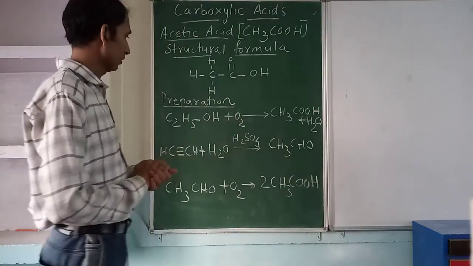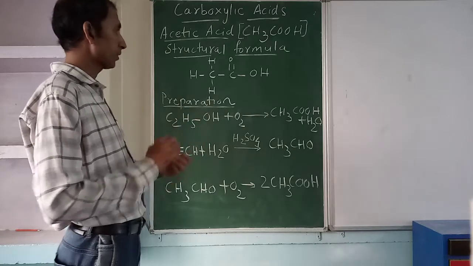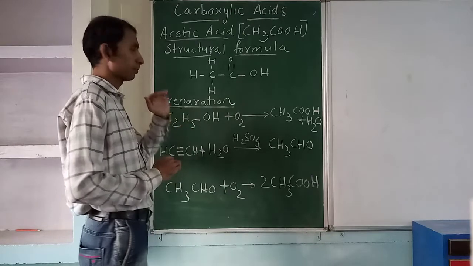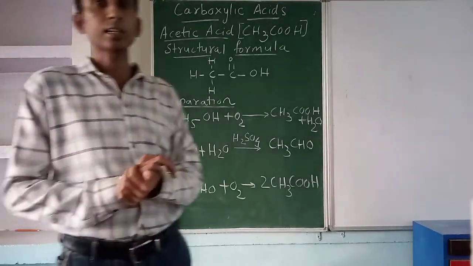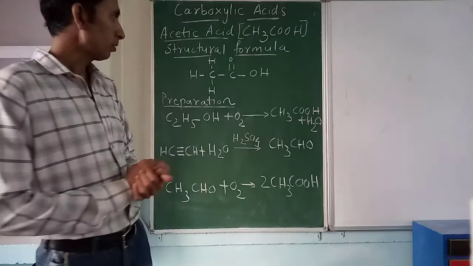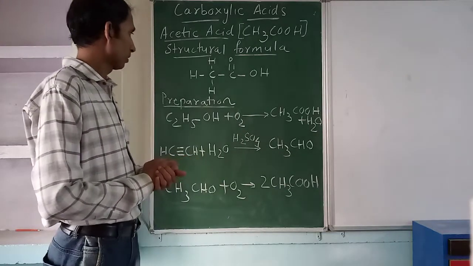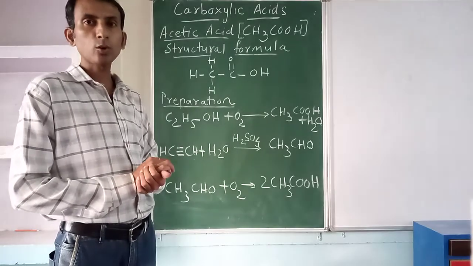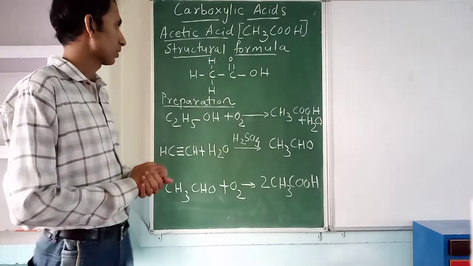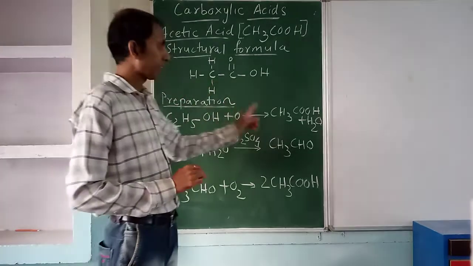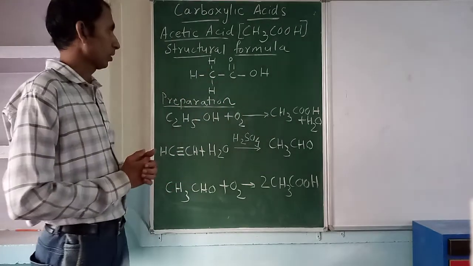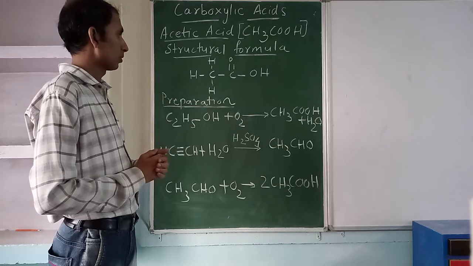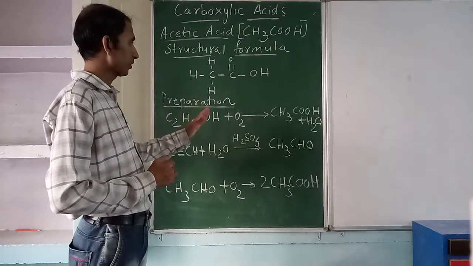Now we have two methods of preparation for acetic acid. First one from alcohol, C2H5OH, ethanol. Ethanol will undergo oxidation and directly we will get acetic acid. Now what is happening here?